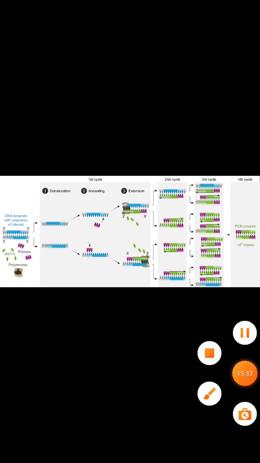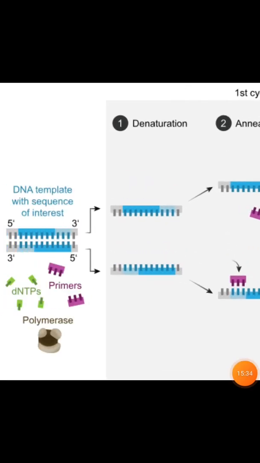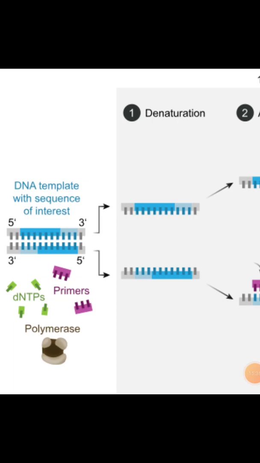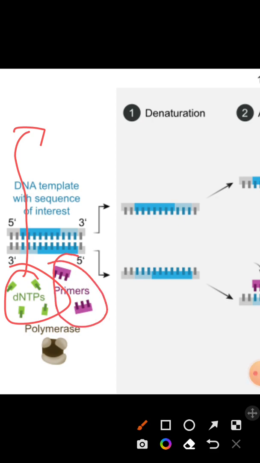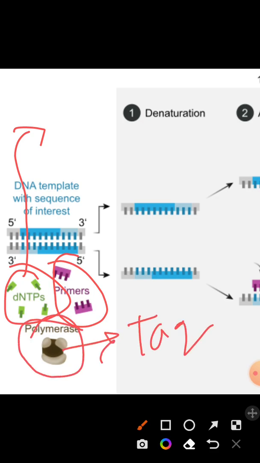Now we have to add building blocks. That is also an important requirement for PCR. Another one is primer. We have to add polymerase. Remember one thing, it is Taq DNA polymerase, along with the DNA with the gene of interest.